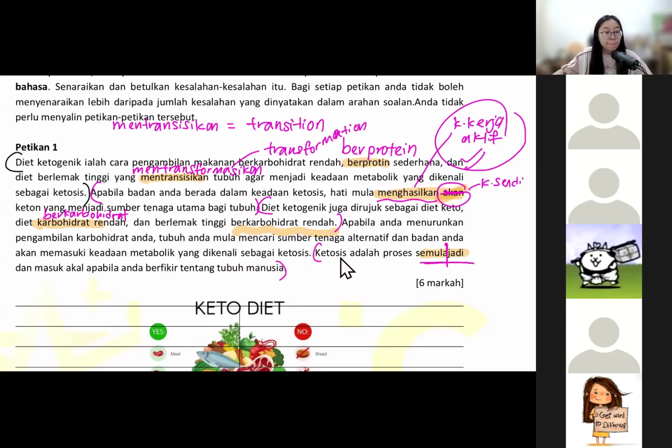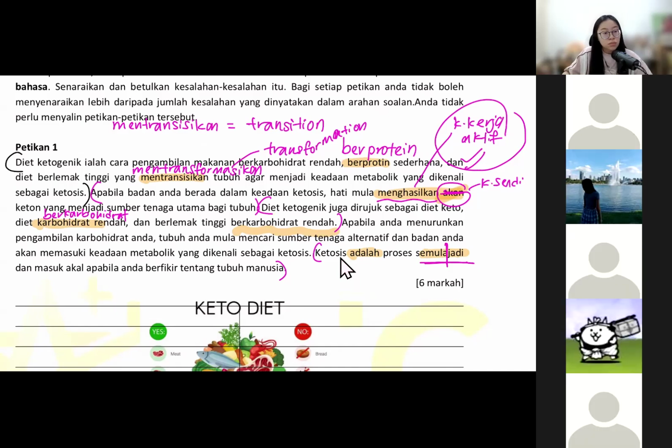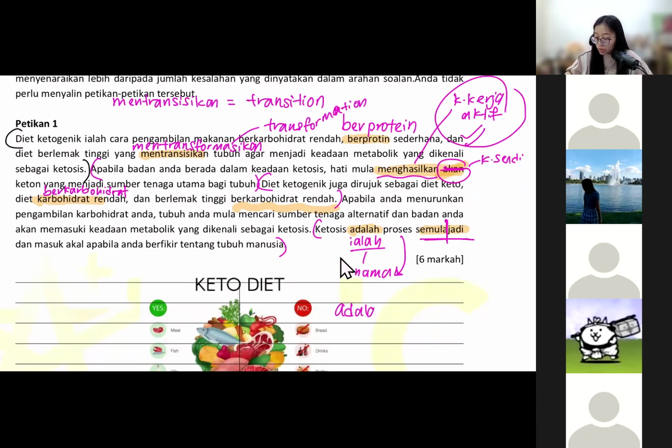There's one more. Adalah, yes, correct. Change it to ialah, yes, correct. Because ialah is using for kata nama. So process is a kata nama. And remember, adalah is using only for kata sendi and also kata adjective saja.